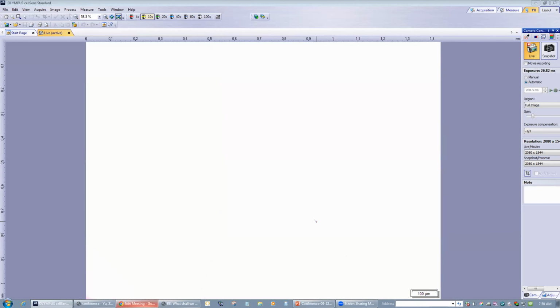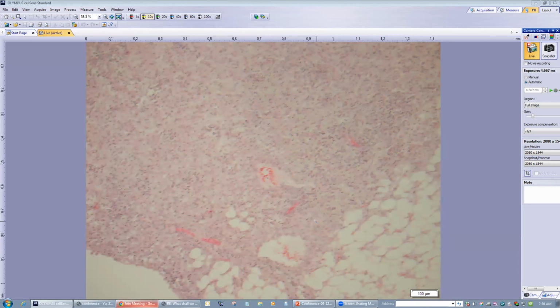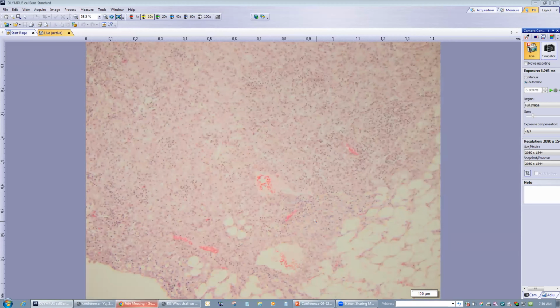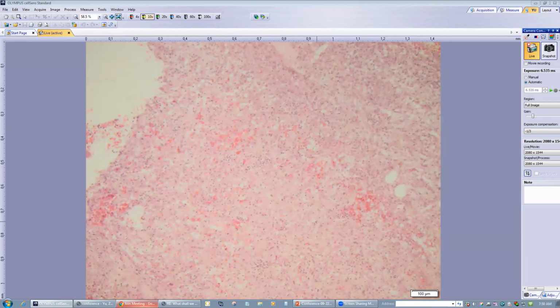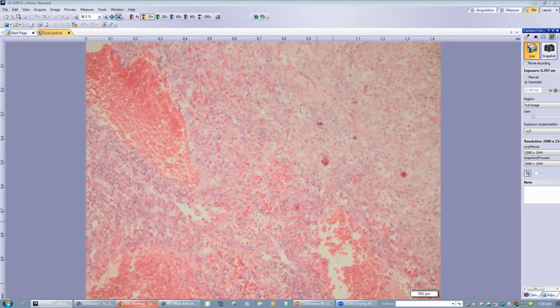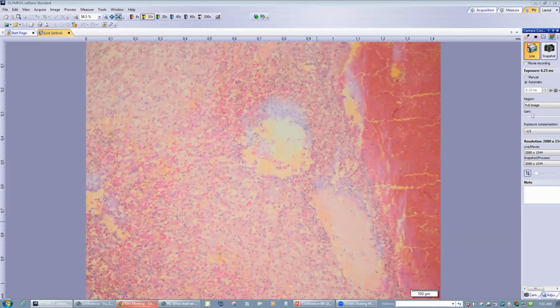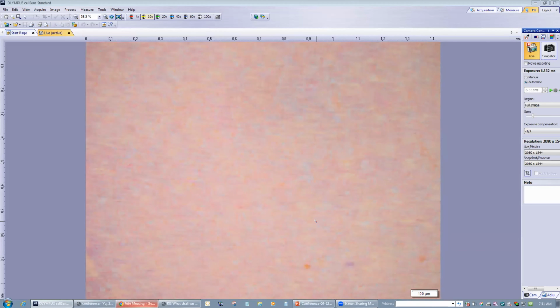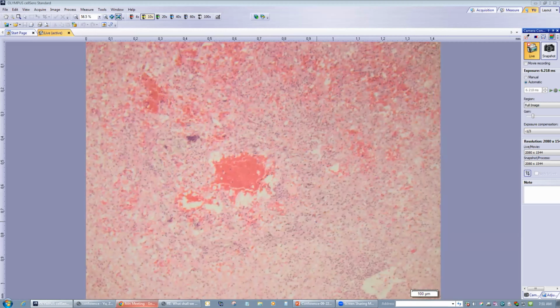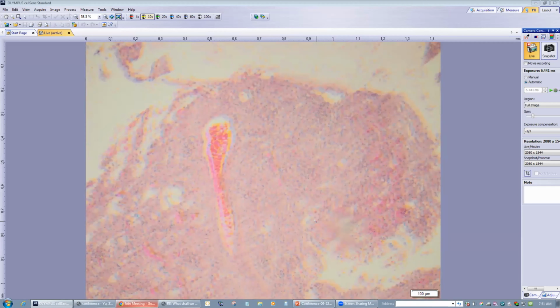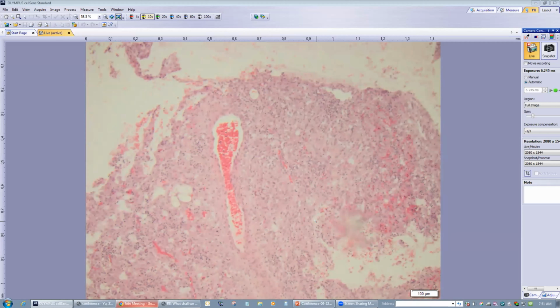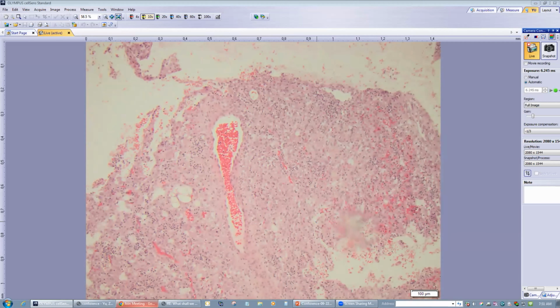Okay, you think about something now, because the clinical history has multiple facial angiofibromas. That makes you think, I want to look at something more. So looking at vessels now. Sometimes it's easy to find, oh, this is a vessel, a relatively large vessel.